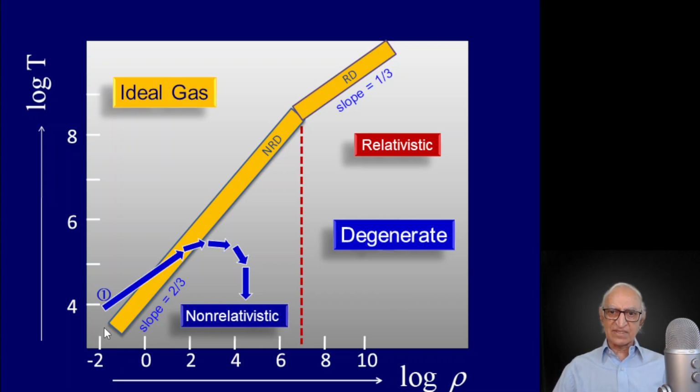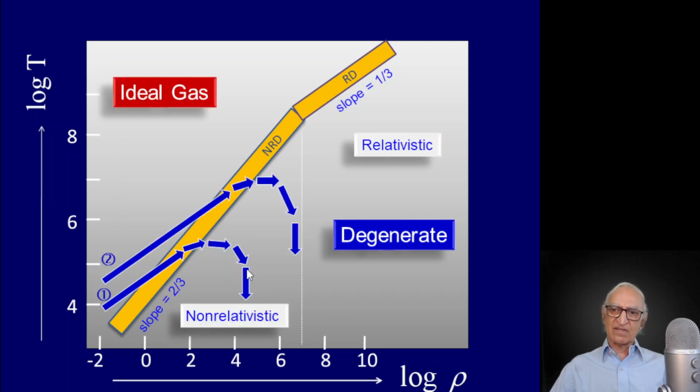So as I increase the density of this gas, it will heat up but remain classical. At some stage, it will become degenerate. Now, if I were dealing with a gas at a higher temperature, and if I increase its density, then it will remain classical up to there, and then it will become quantum mechanical.